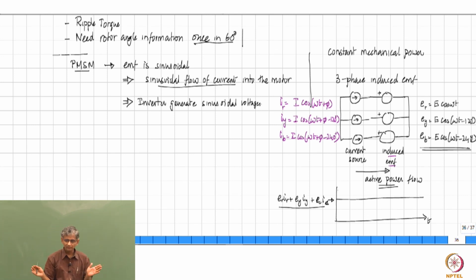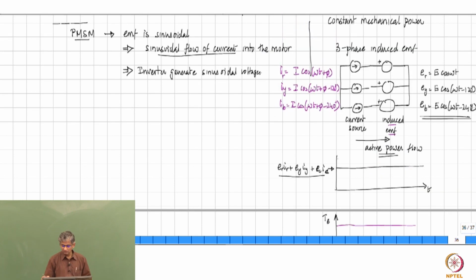It's not possible, right? So, again, like what we said before, when we say sinusoidal, what we really mean is that if you take the switching waveform generated by the inverter, on an average it looks like a sinusoid, right? That is what we really have. Therefore, the inverter will generate a sinusoid plus lot of switching ripple, and therefore you will not get a waveform that is smooth electromagnetic torque like this.